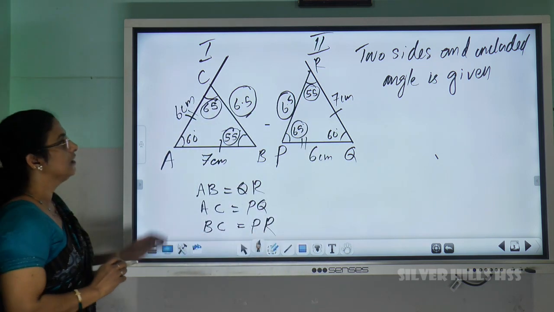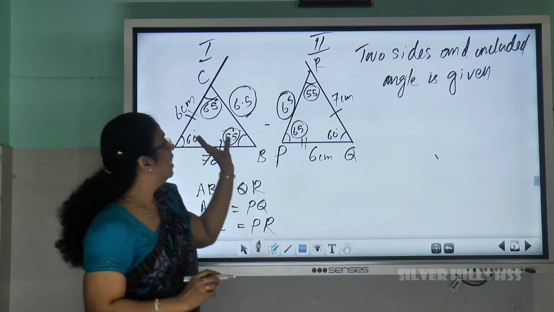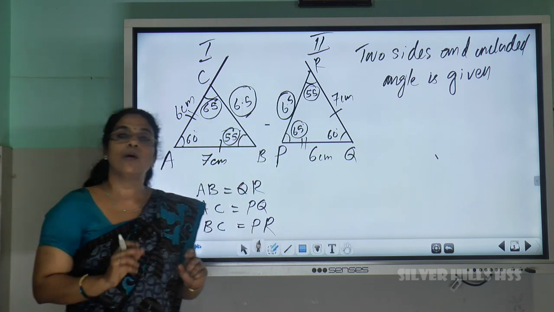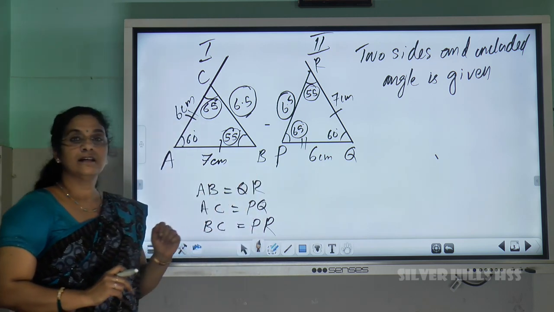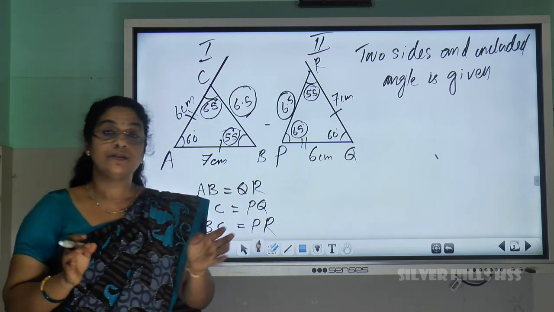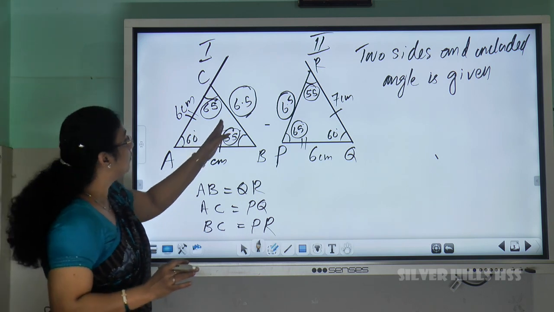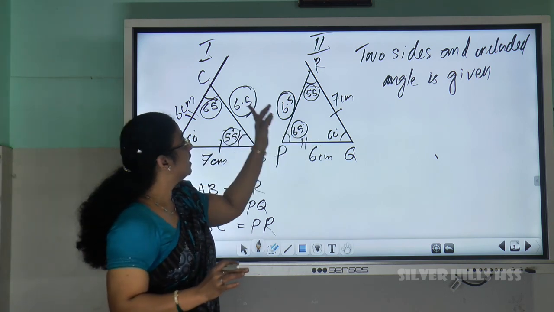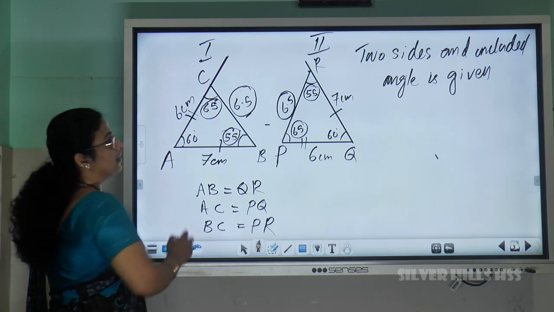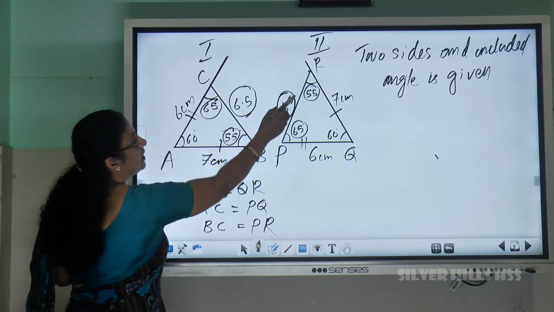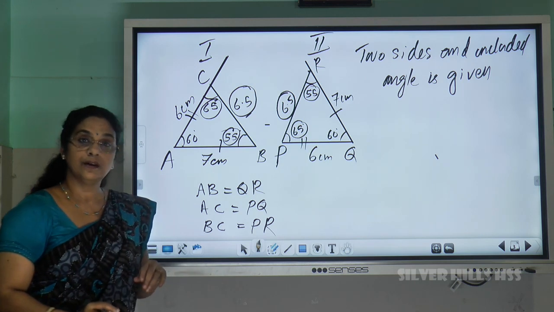Then we got all three angles and all three sides of both the triangles. Look at the board, children. Here we understood the third sides of both the triangles are equal and the other two angles are also equal.